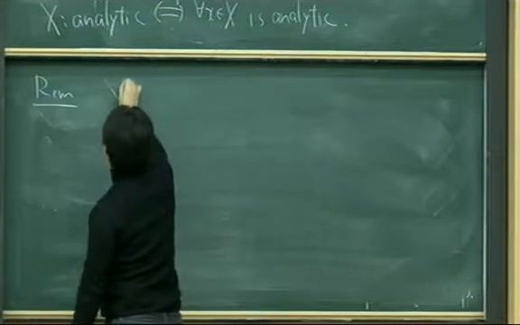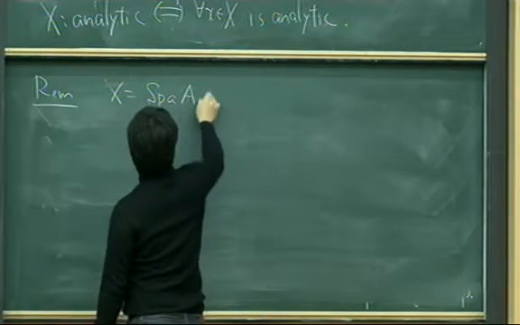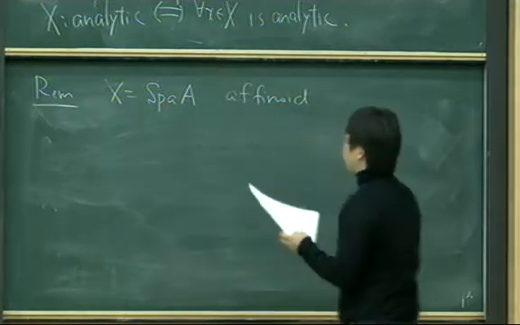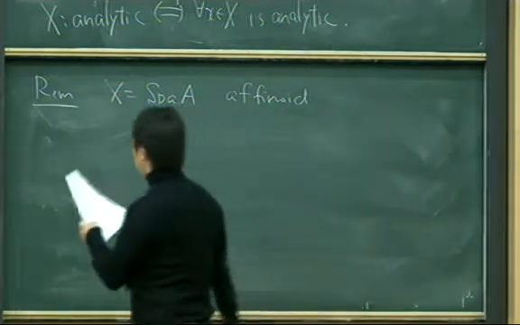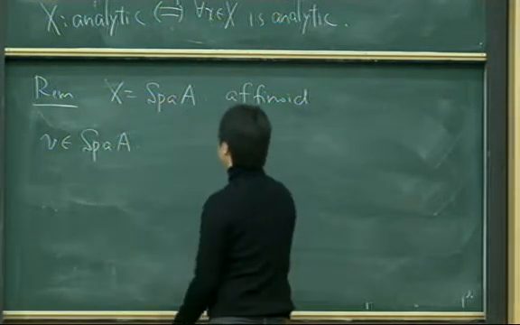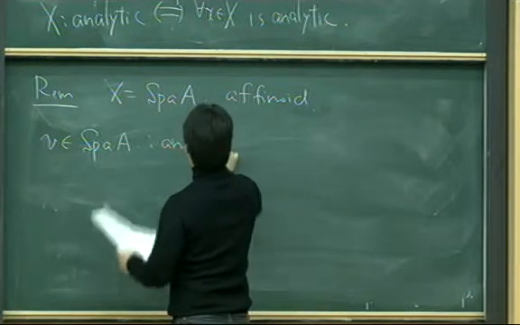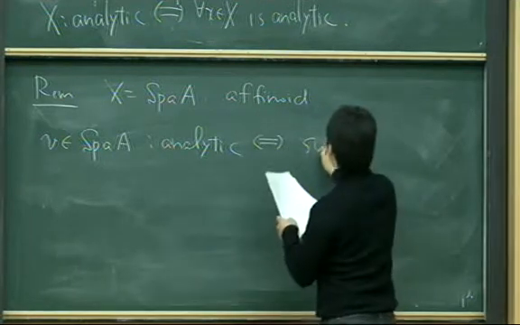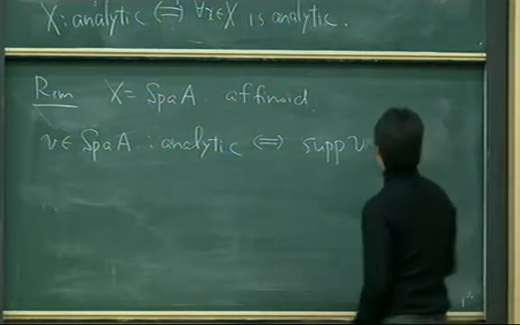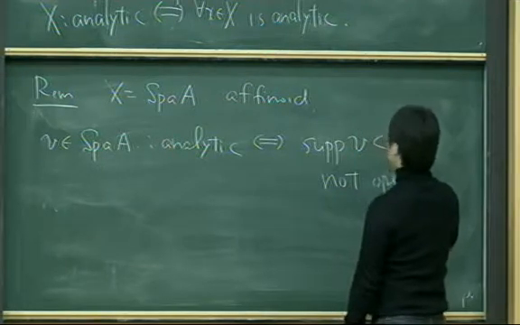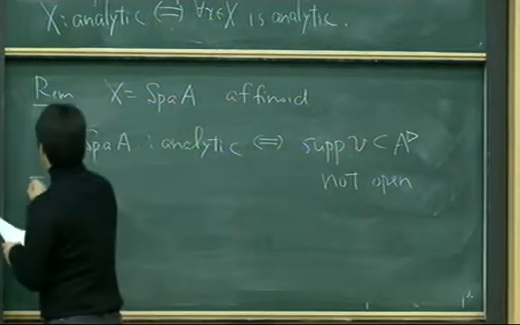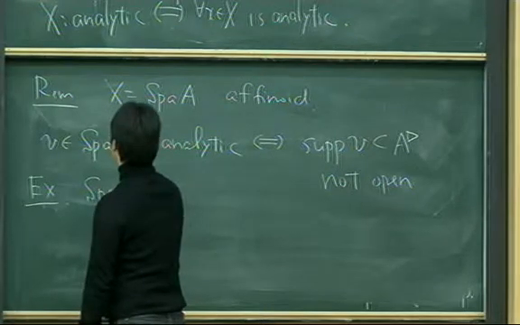So assume that X is Spa A. Then a point x corresponds to a valuation on A, and the continuous valuation v is analytic if and only if the support of v is not open in A. So the example is this one.